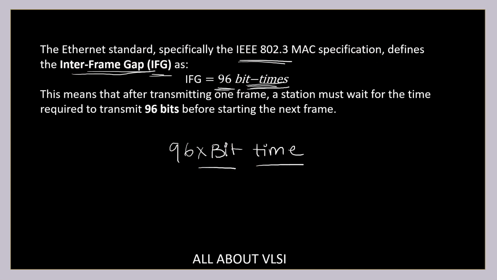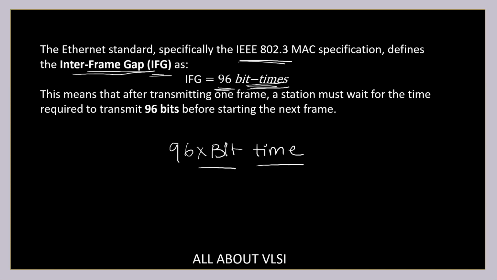If I talk in terms of hardware, for one cycle, if you are going to send one bit of data, the time of that cycle is my bit time. The time period of one cycle is your bit time.